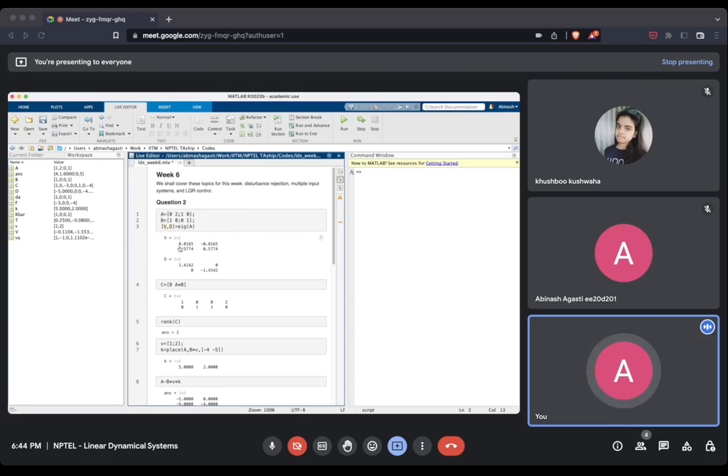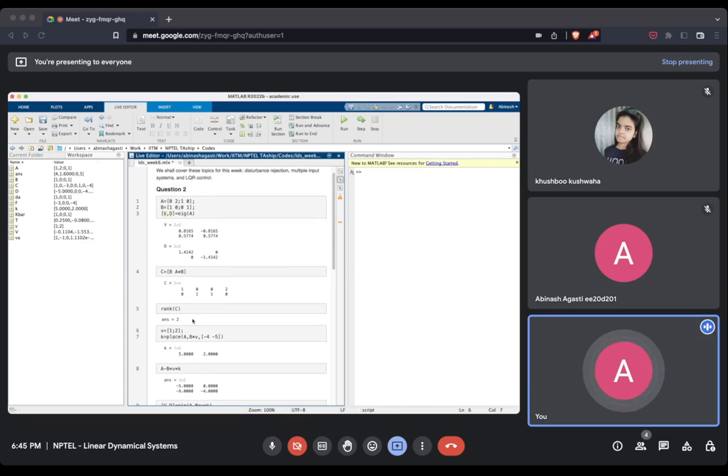First we get the eigenvalues of A. Okay, so then we find the controllability matrix, which is clearly rank 2, which is full row rank. So the pair A, B is controllable.